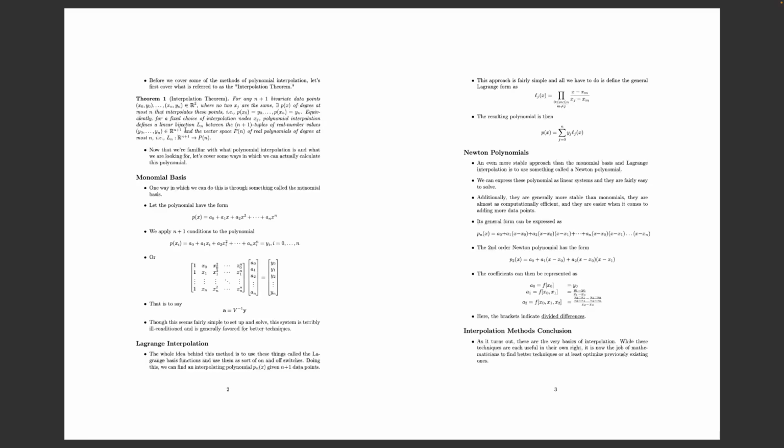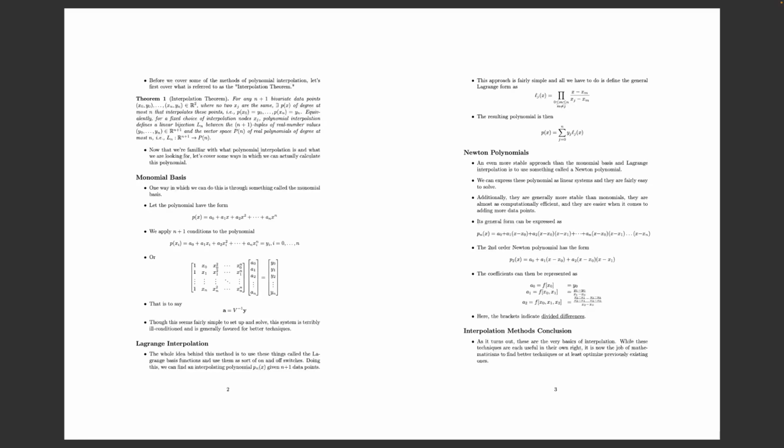So, before I actually cover the ways to do it, I will mention the interpolation theorem, which is the big theorem that is the basis for how we treat interpolation. And so, as previously mentioned, for any n+1 bivariate data points, so x naught, y naught up to xn, yn, and we want those to be in the vector space R2, which is fine. It doesn't matter. You can consider the 3D case, but we're just thinking of either single variable functions or multivariable functions in 2 variables.